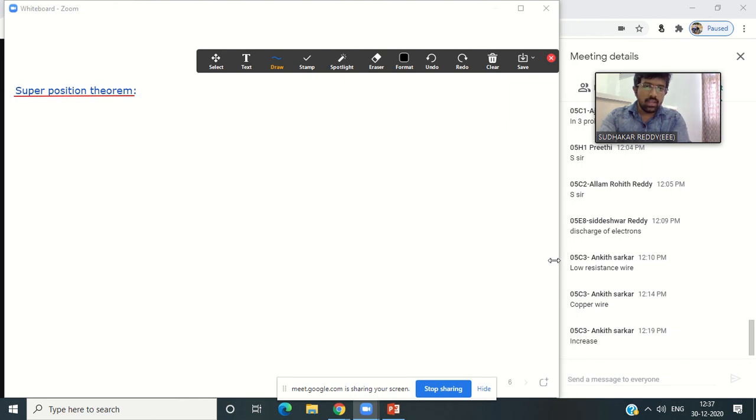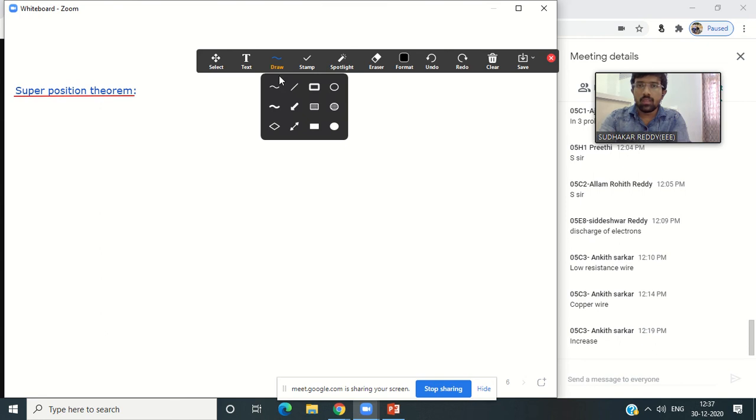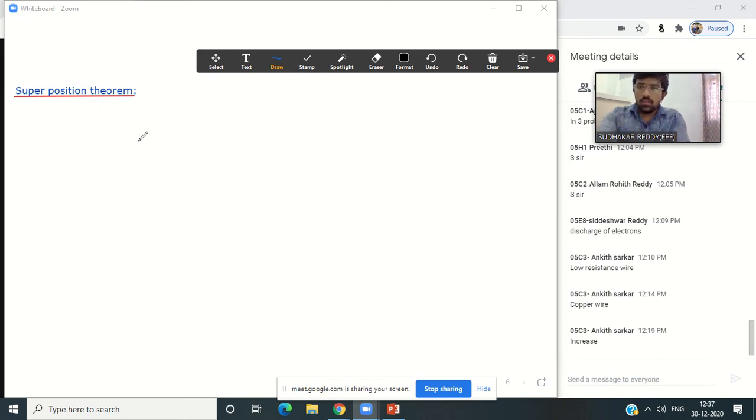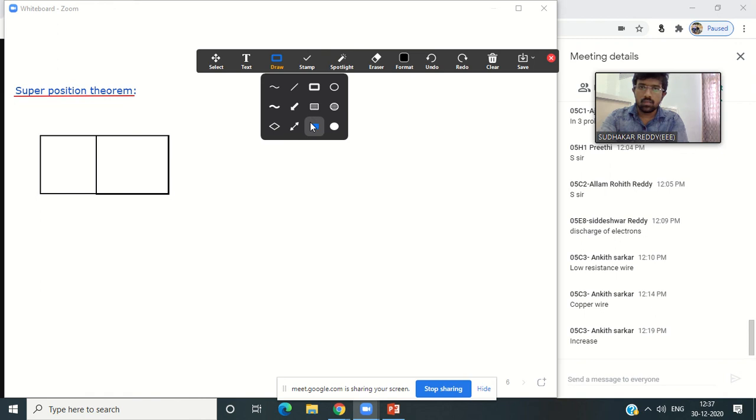So we'll try to understand the statement of the superposition theorem and how to apply it to solve any network. Before that, I will consider a network like this. Just listen, everyone. A network with 3 resistors and 2 voltage sources.